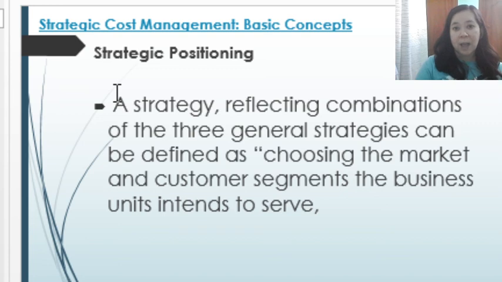So that's why it has been mentioned many times that the entity should be careful in selecting the segments in which they want to join, okay, because it will include sacrifices such as investment, time, and effort, as well as capital and other related investments. Okay, so these are expenses and costs on the part of the entity. So that's why they have to be very careful in choosing the market and customer segments.